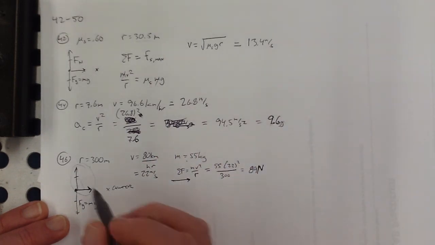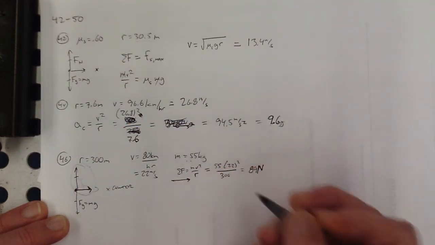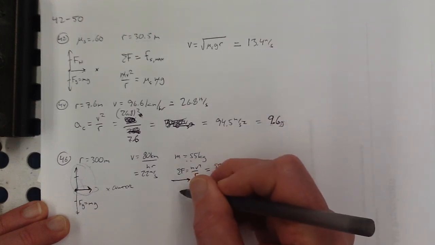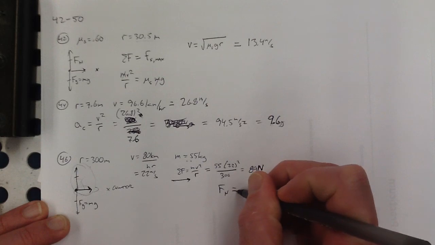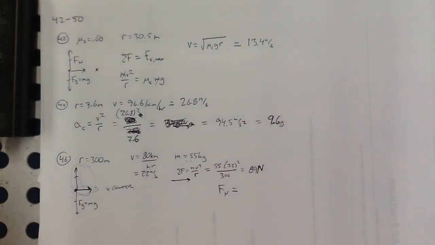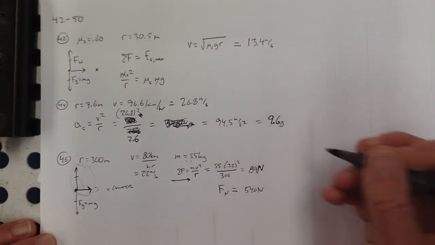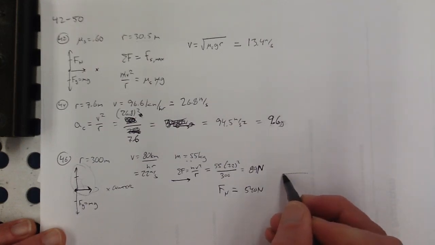So 89 newtons toward the center, and then here, if her mass is 55 kilograms, then that normal force is going to be equal to about 540 newtons.